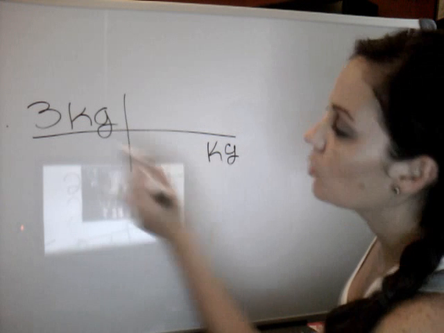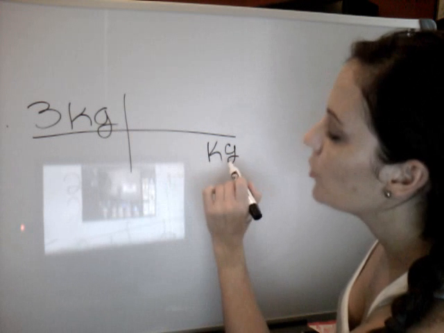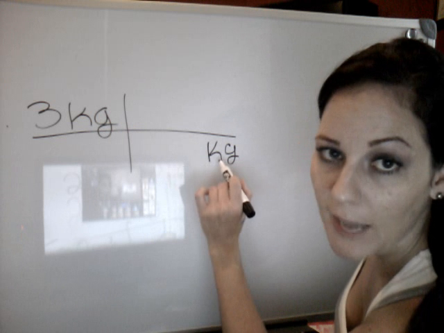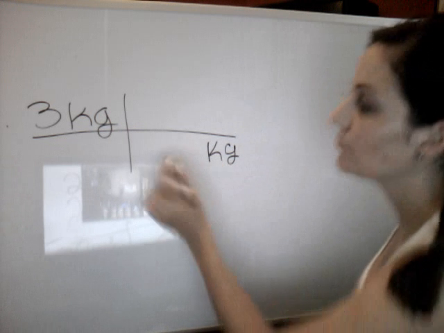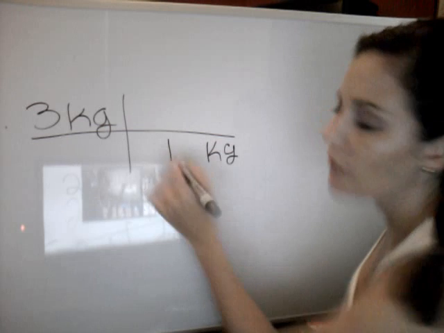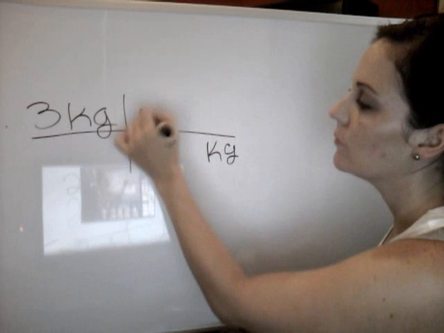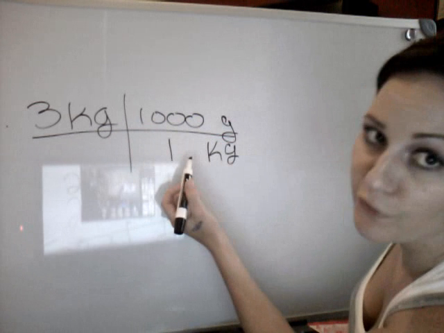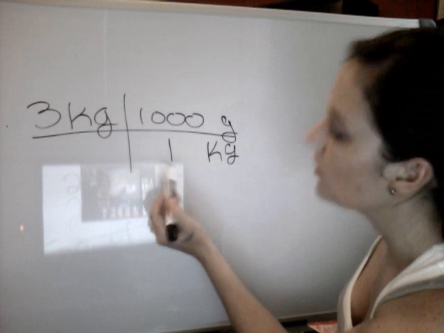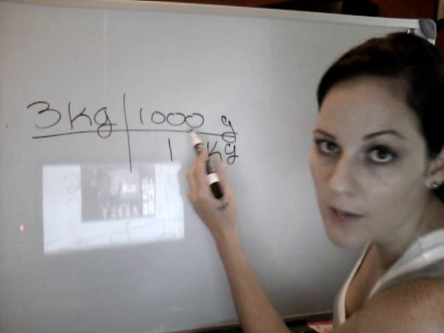Whatever's in this top left corner, you have to put that same unit diagonally from it so you can cancel it out. So for every 1 kilogram, we have 1,000 grams. So here's your conversion factor. It's the same thing that's on your sheet. 1 kilogram equals 1,000 grams.